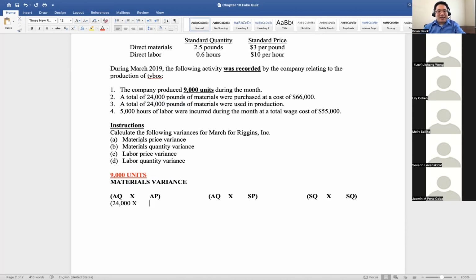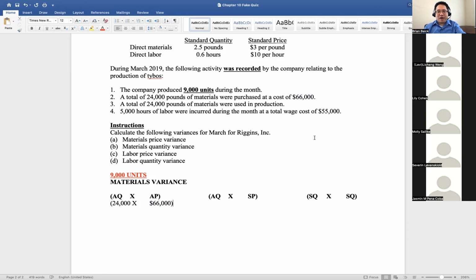How much did they actually pay per pound? Some people are tempted to put 66,000. That sounds like expensive material. That's not the actual price per pound. I think that's the price for the whole thing. I want to say something here. If you try to put 66,000, it's wrong.